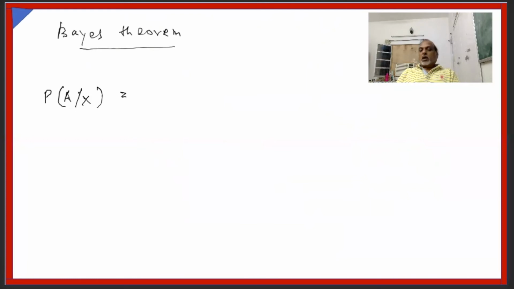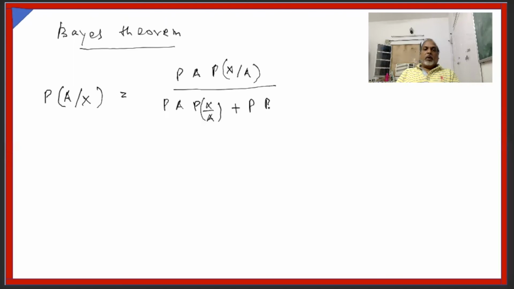So the defective item is from factory A, that is the probability of A given X. This will be given by P(A) P(X/A) divided by the sum, P(A) P(X/A) plus P(B) P(X/B) and P(C) P(X/C).